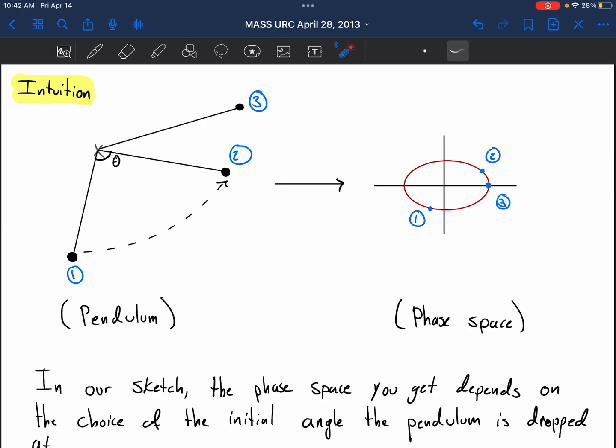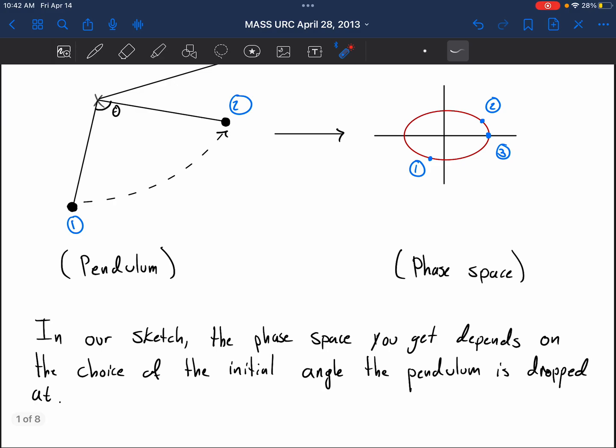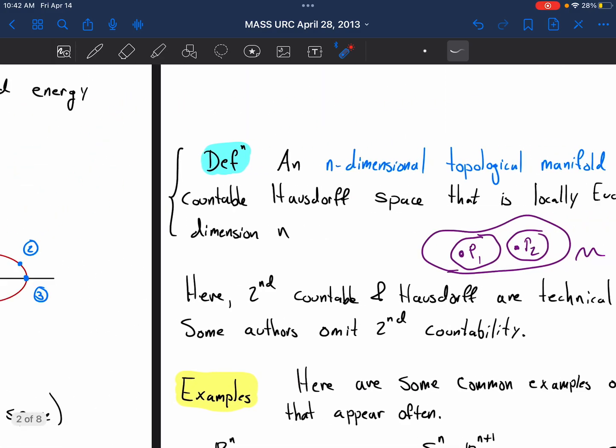When you put enough potential energy into dropping the pendulum, you get different phase spaces. So if you had enough to make a full revolution, your phase space might look like, not closed, it might look like this or something. So this would be the manifold, and then this would be the state space.